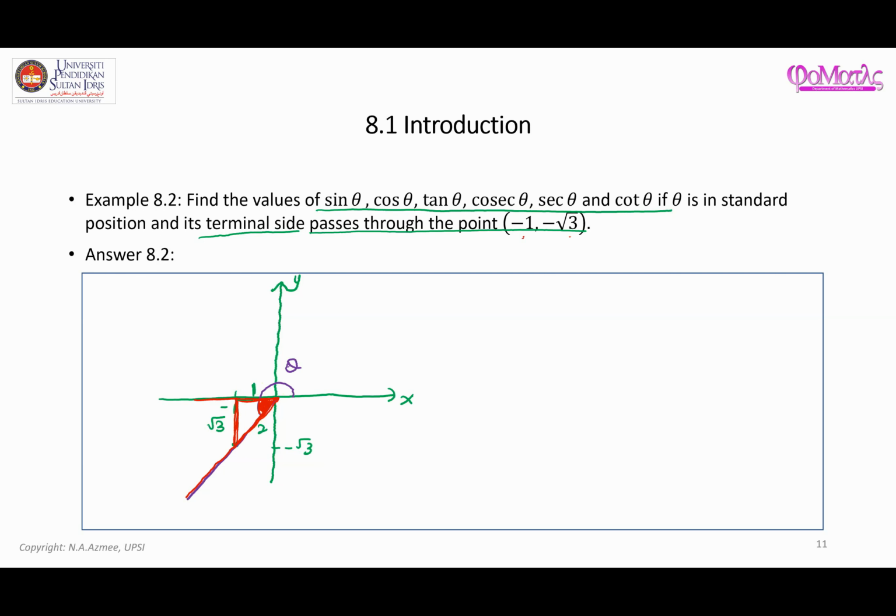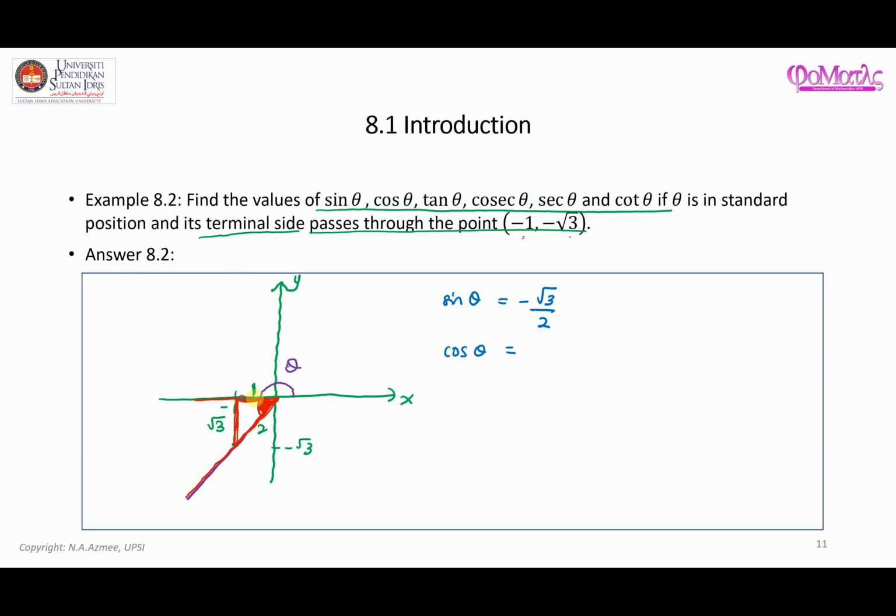Now let's answer the first question: what's the value of sine of theta? Sine of theta is opposite over hypotenuse, and because y is in the negative direction, we have negative root 3 over 2. Next, cosine of theta. Cosine is adjacent over hypotenuse.